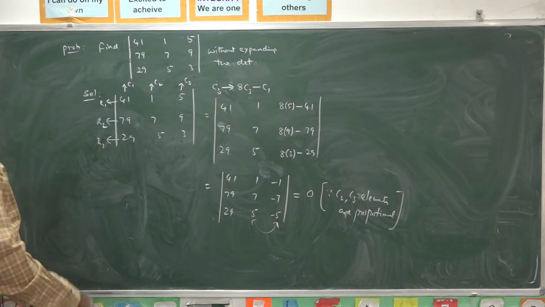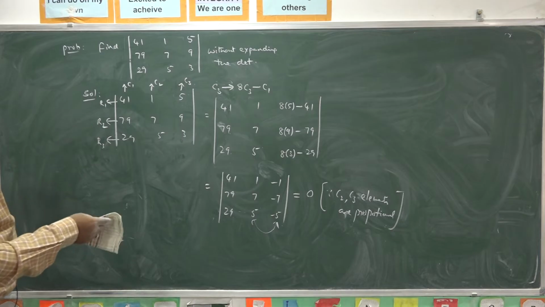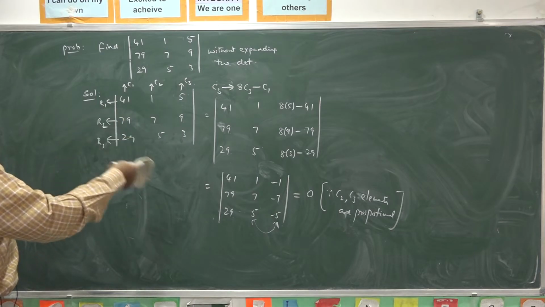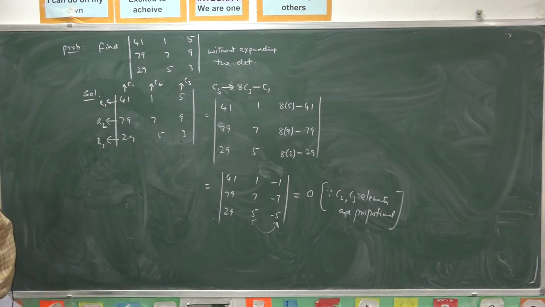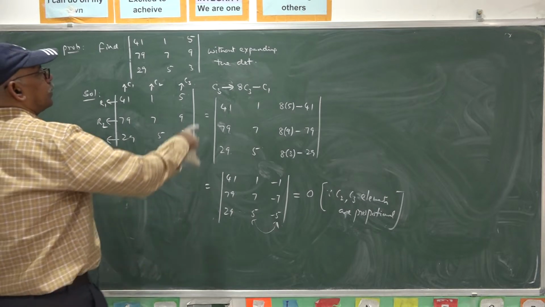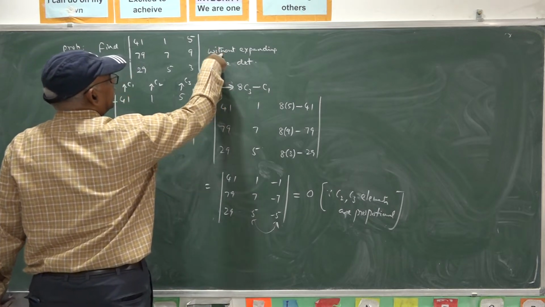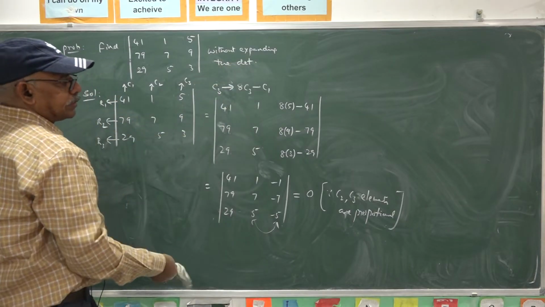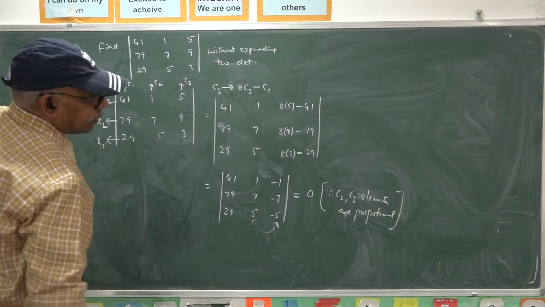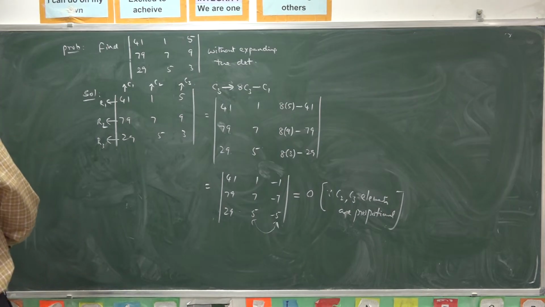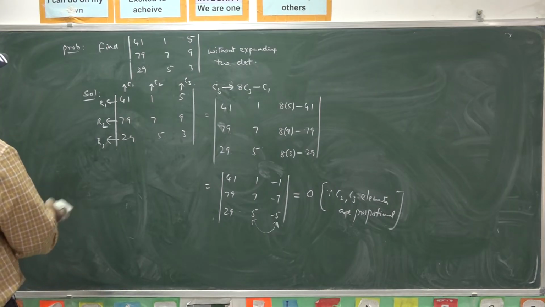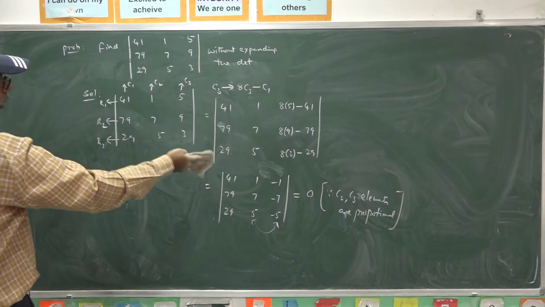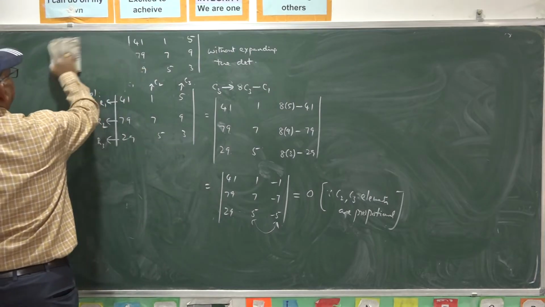Once you directly expand the determinant, you can show that the determinant is 0. But in this problem, it is asked that the determinant should be evaluated without expanding it. So we are using the transformations. Just by using column transformations, we are able to find the determinant value as 0.